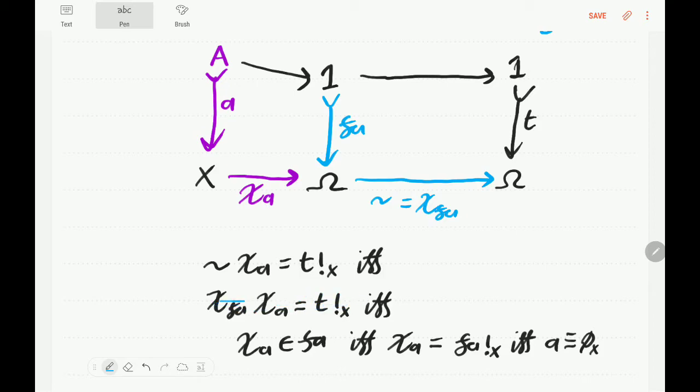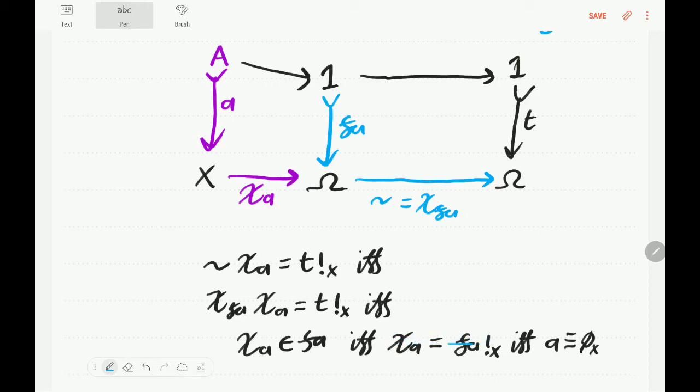And now this happens if and only if chi of A is in false, and this happens if and only if chi of A equals false after exclamation mark X. And then by our previous result, we have these two arrows from X to omega equal.